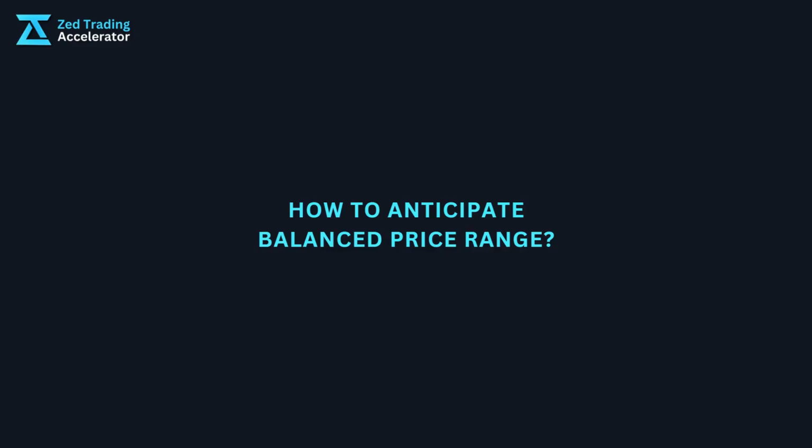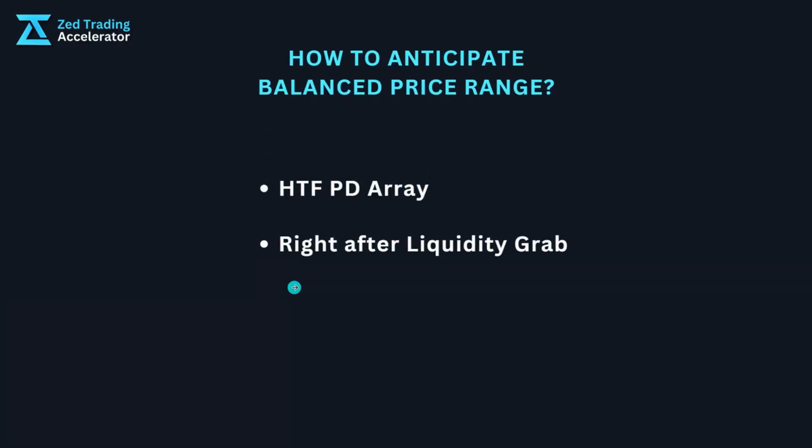How to anticipate a balanced price range. We already know what a balanced price range is and how to use it. This is how we are going to see when the balanced price range might form. We can see a balanced price range around a higher time frame PD array.